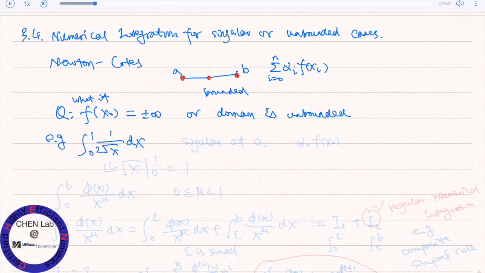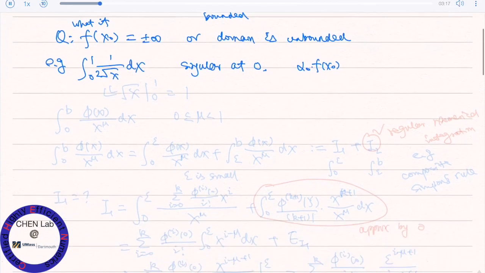That's a singular case. The function is singular at 0. When you do your alpha 0 times f at x0, that wouldn't work. But this is a perfectly fine function to integrate, as you might remember from calculus.